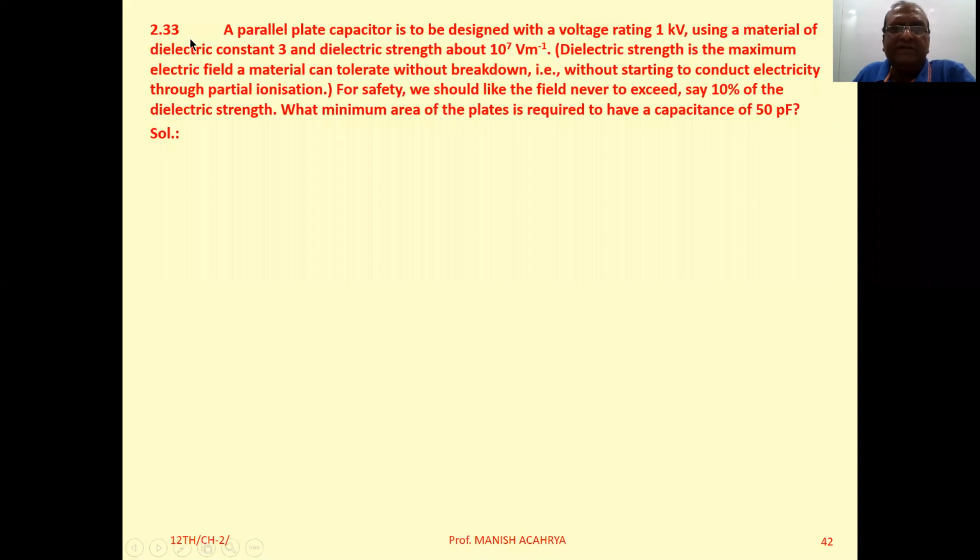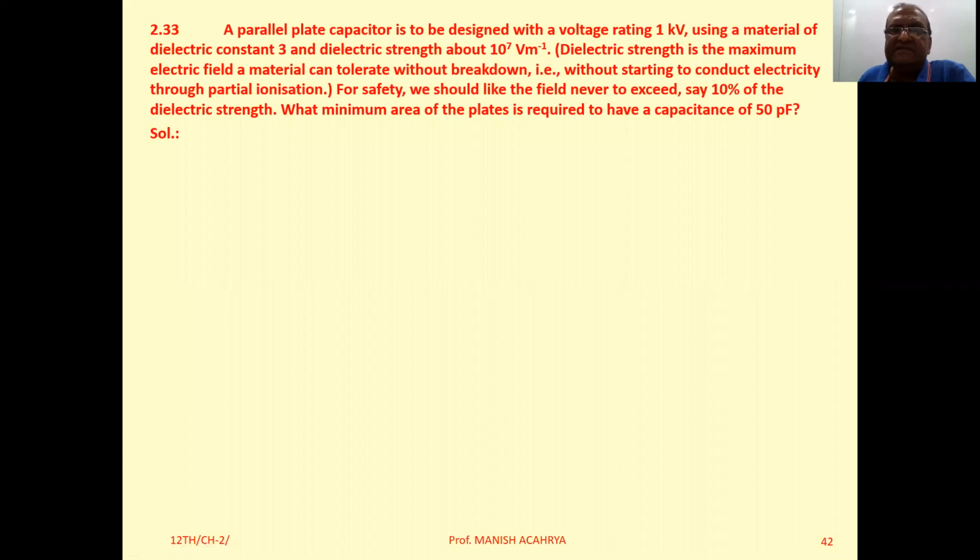Example 2.33. A parallel plate capacitor is to be designed with a voltage rating of 1 kilovolt using a material of dielectric constant 3 and dielectric strength about 10 raised to 7 volt per meter. Dielectric strength is the maximum electric field a material can tolerate without breakdown.